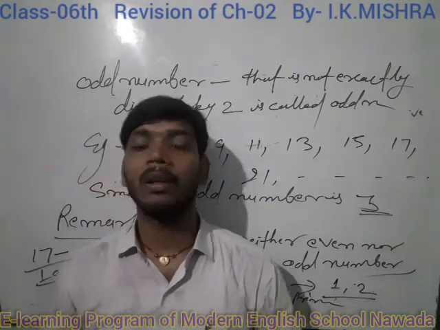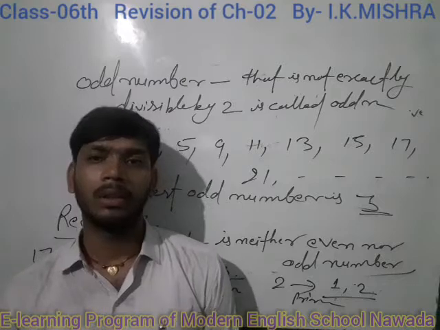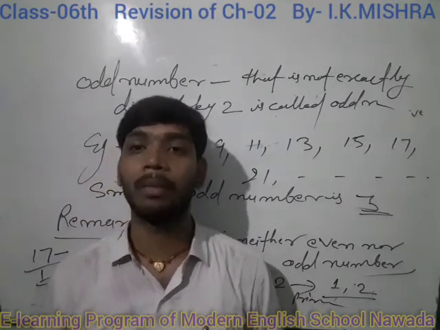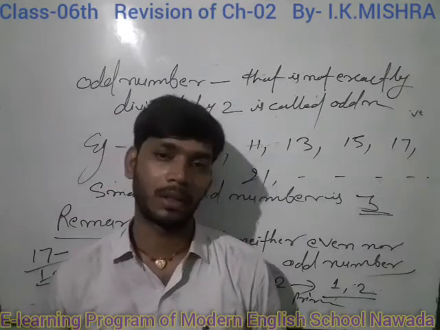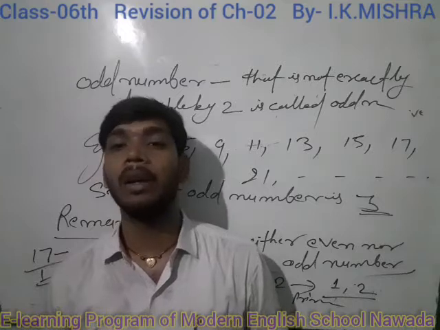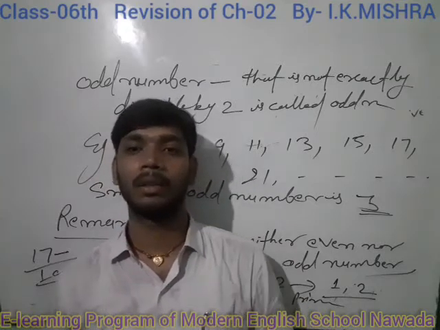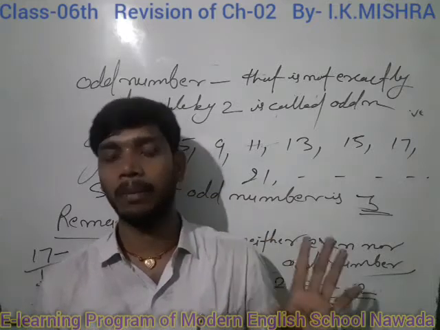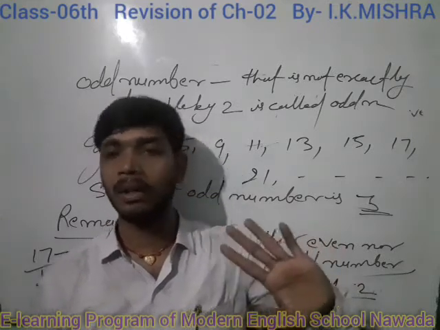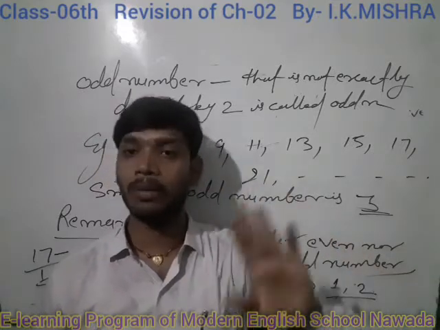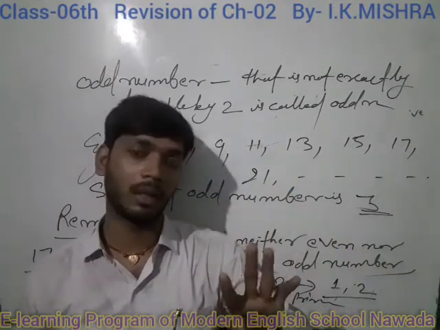Clear students? Now know the terms co-prime number, twin prime number, prime triplets. Here you know the prime number. Always remember, the smallest prime number is 2, and 2 is the only even prime number, and all other prime numbers are odd numbers, and the smallest odd prime number is 3.